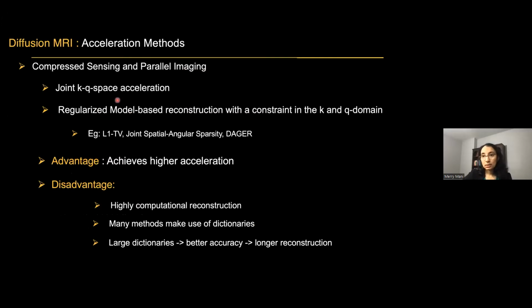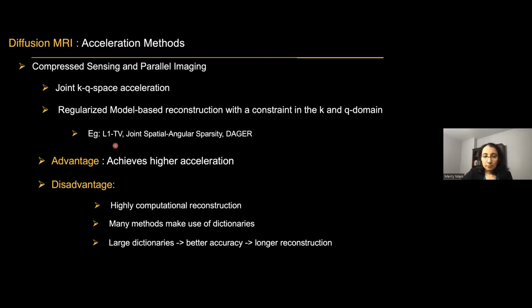Again, in that setting, we can now think about accelerating in both the domains, the K domain as well as the Q domain, or the joint KQ domain. Again, here we rely on model-based reconstruction and make use of some constraints, either in the K space, Q space, or in both the spaces.